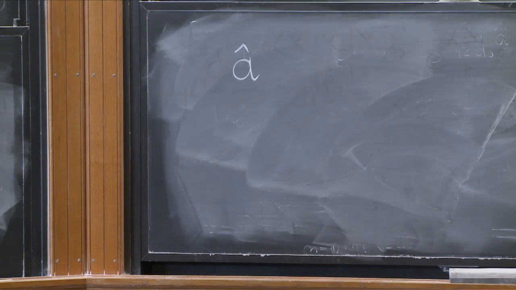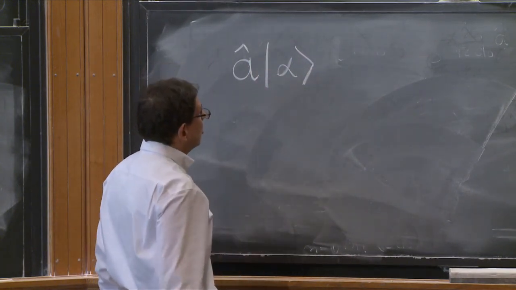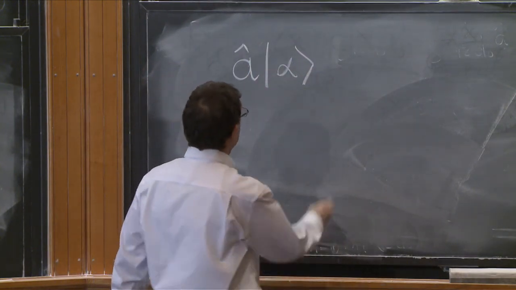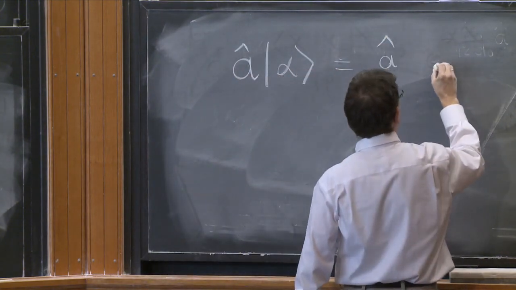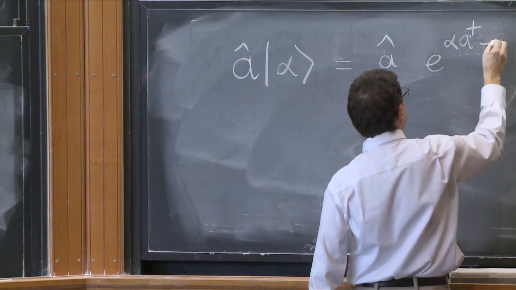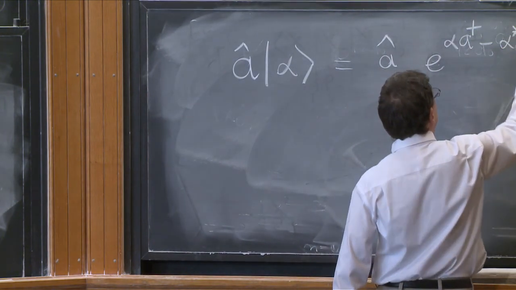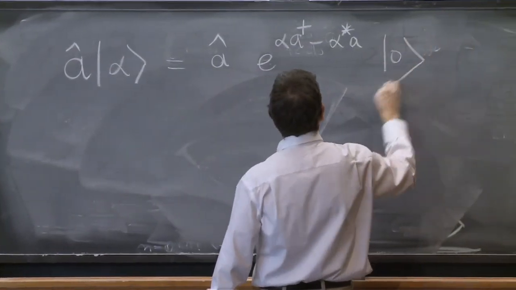What is A acting on the alpha state? Well, I would have to do A acting on this exponential of alpha A dagger minus alpha star A on the vacuum.